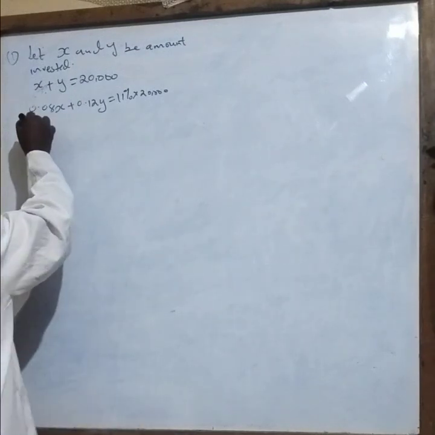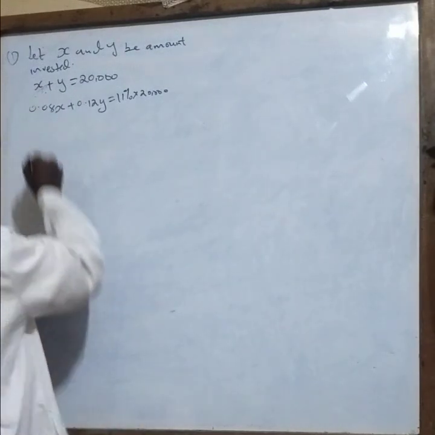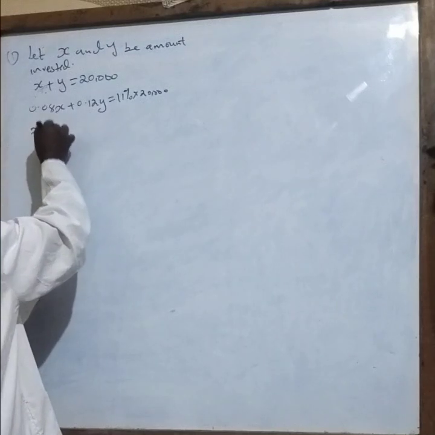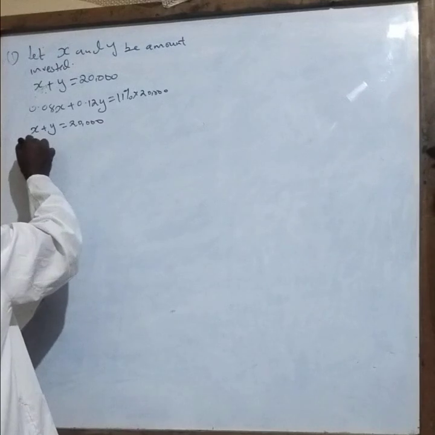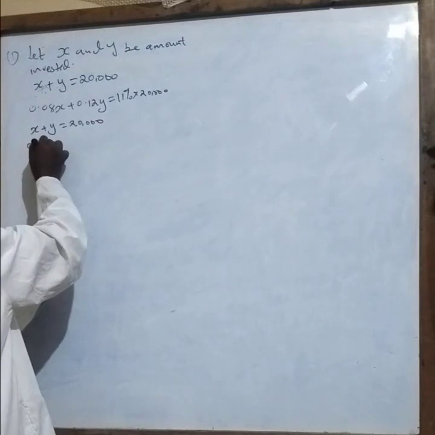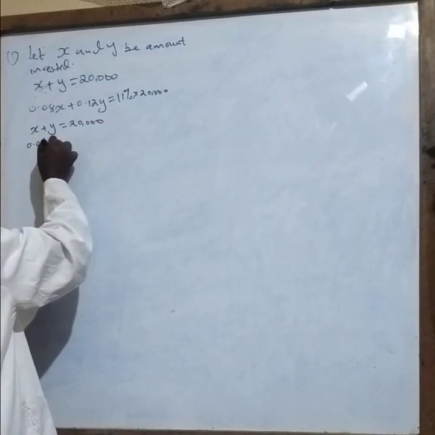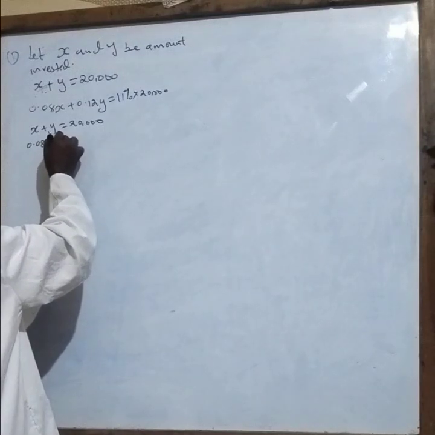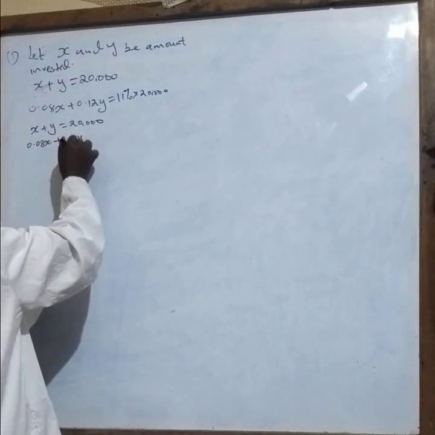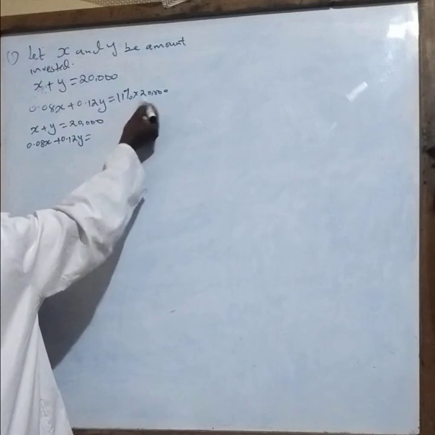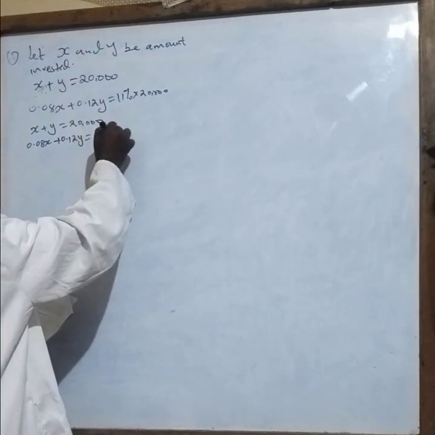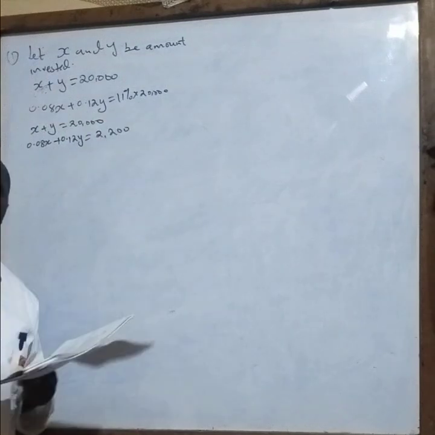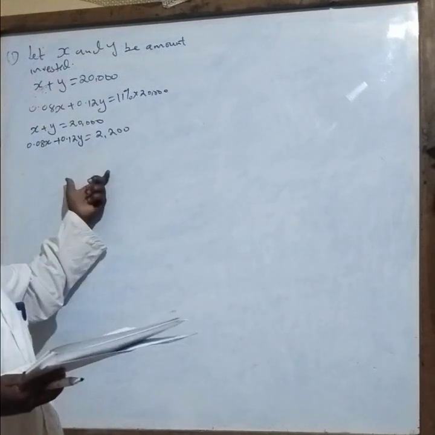Therefore, our final equations will be x plus y equals 20,000, and 0.08x plus 0.12y equals 11% of 20,000, which is 2,200. So we are going to use matrix to solve these equations.